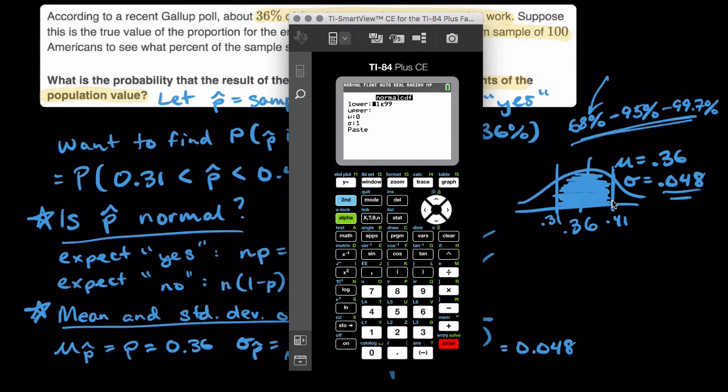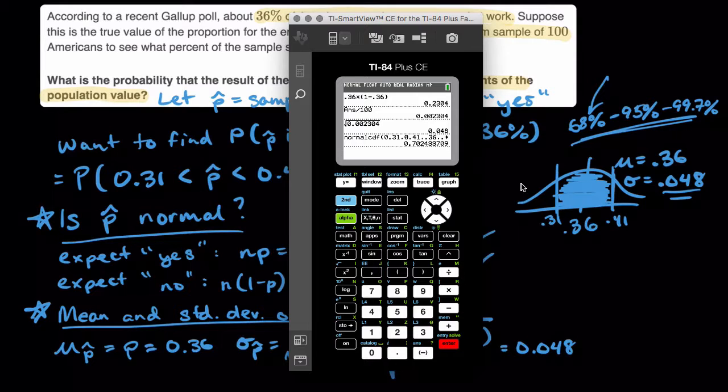The lower boundary here is where I want to start shading on the left, which is 0.31. And the upper bound where I want to stop shading is 0.41. The mean we already found is 0.36, and the standard deviation is 0.048. And I'll paste this onto the screen and press enter.